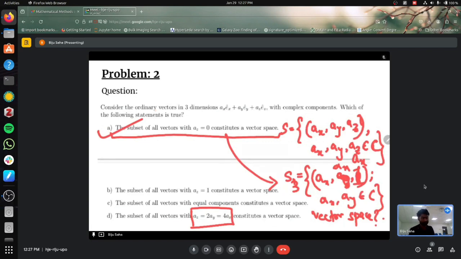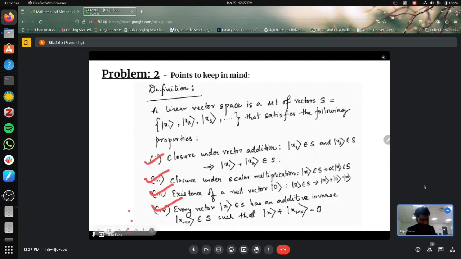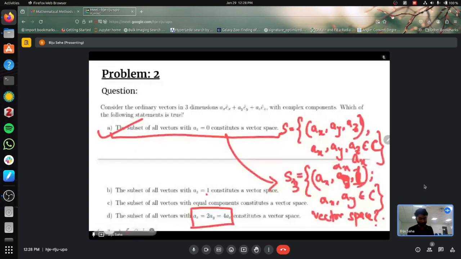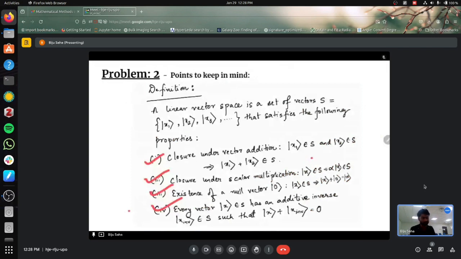Similarly, the other statements can also be verified for whether they form a vector space or not. They may not form a vector space; in some options it may or may not. That will be decided by whether any of these criteria is not met, or all of these criteria are met. Suppose you start with the second example, and you encounter that it is not closed under vector addition or scalar multiplication.